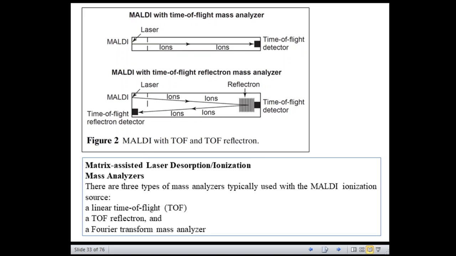Now the arrival time at the detector is dependent upon number 1, mass, as I said, and it is not only about mass, number 2, charge, and number 3, the kinetic energy of the ion.